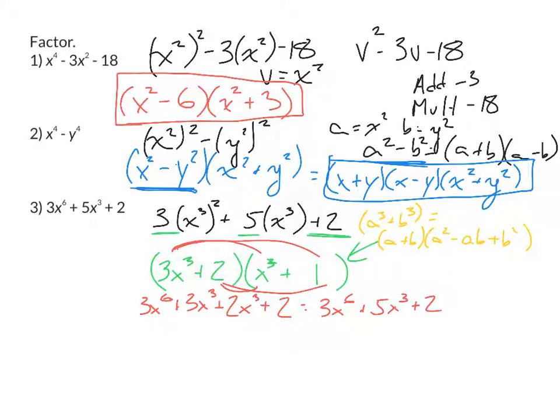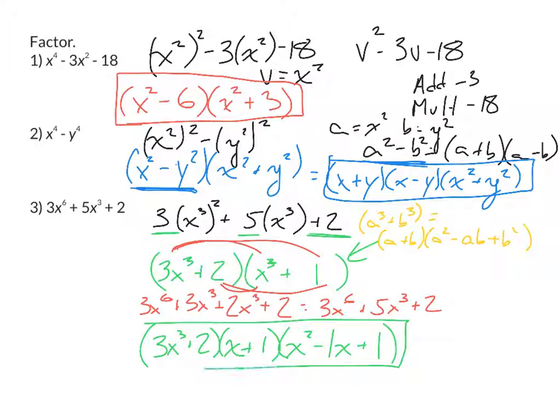I can leave the 3x cubed plus 2 all by itself, but then x cubed plus 1 will factor into x plus 1 times x squared minus 1x plus 1 squared, or just 1. And so this is actually the factored form for number 3.